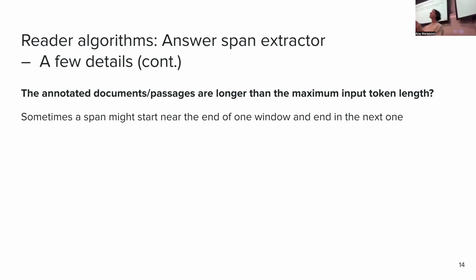Because your stride won't be massive, you will have a window where the answer is fully contained. During training, you're going to keep only that passage and discard these weird ones where the answer is split, to not confuse the model to predict half of the answer.